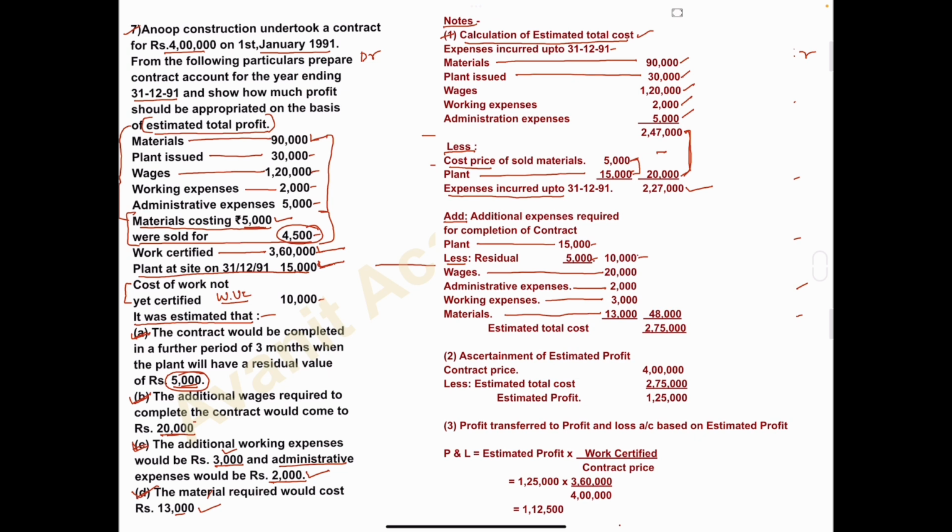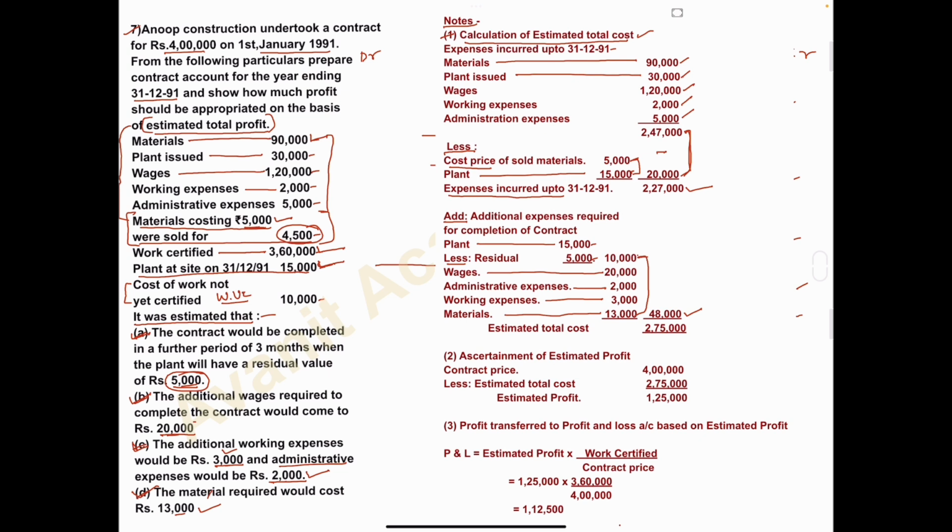Material 13,000. Okay, add these amounts. 10,000 plus 20,000 plus 2,000 plus 3,000 plus 13,000. You will get 48,000.